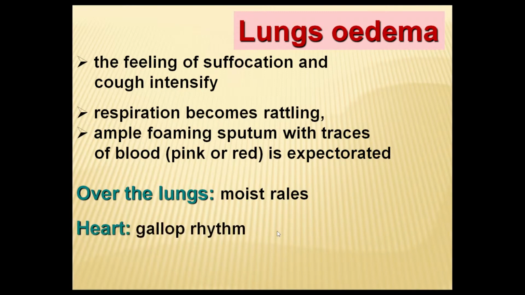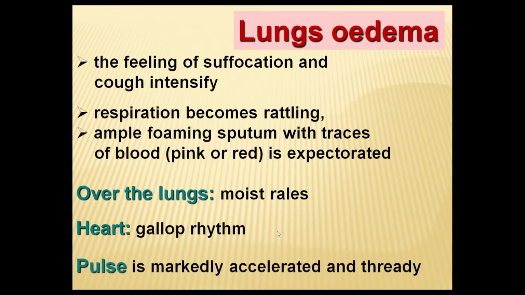Over the heart, gallop rhythm, which shows progressive weakness of the heart. Pulse will be accelerated but very, very weak. These are objective signs of lung edema, the final stage of acute left ventricular failure.